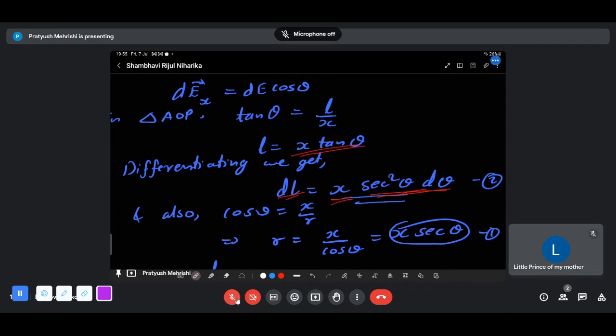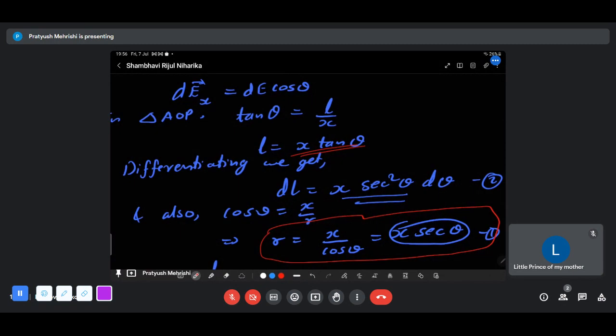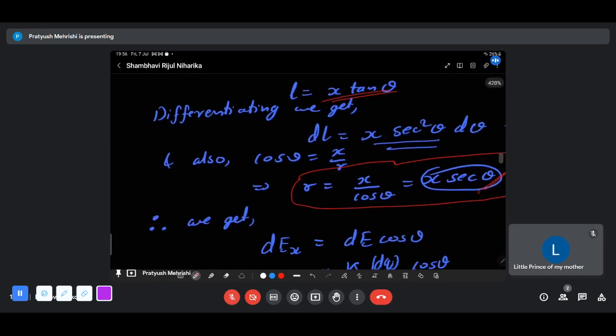Now cos theta, we know that cos theta is adjacent upon hypotenuse. So cos theta equals x upon r. And what is r? r equals x upon cos theta, that is x sec theta. Got it?